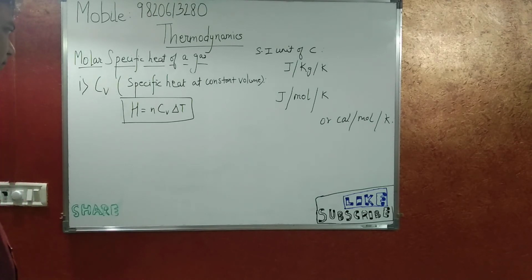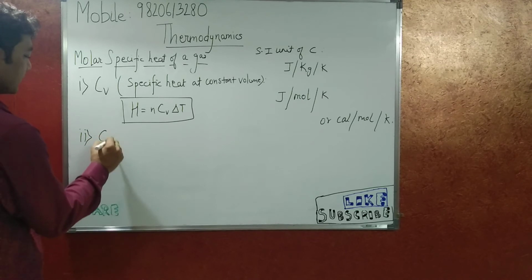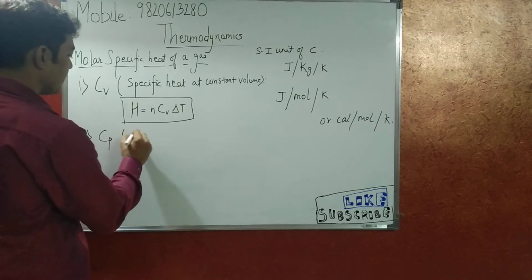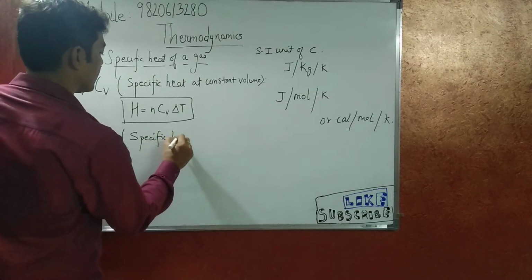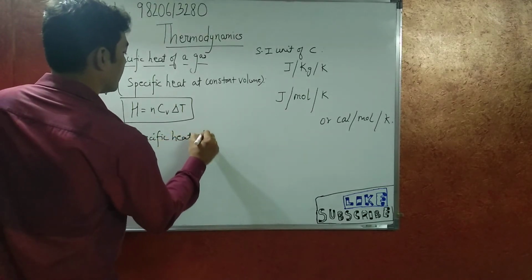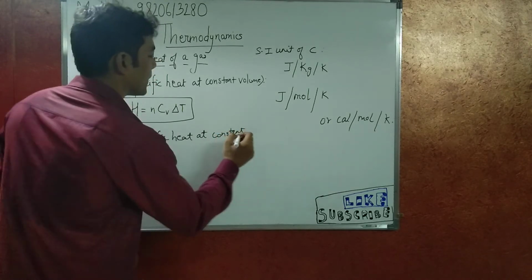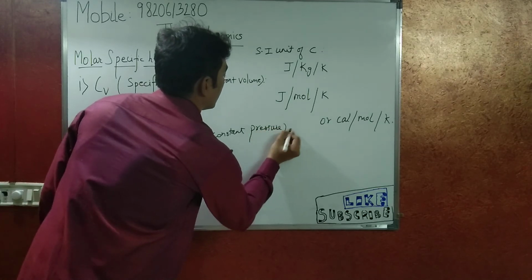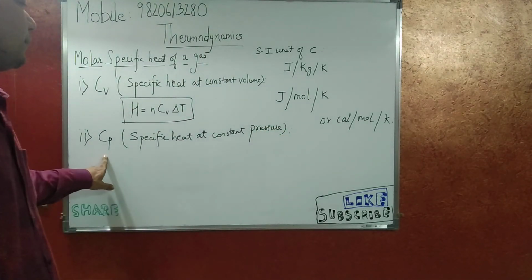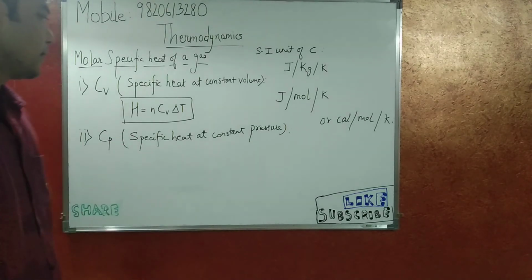Similarly, we have specific heat at constant pressure. Cp denotes specific heat at constant pressure.